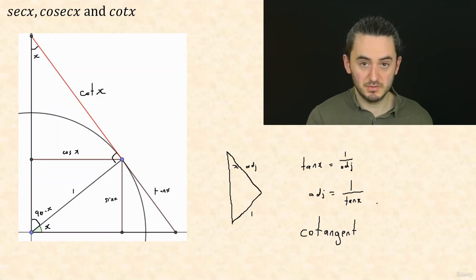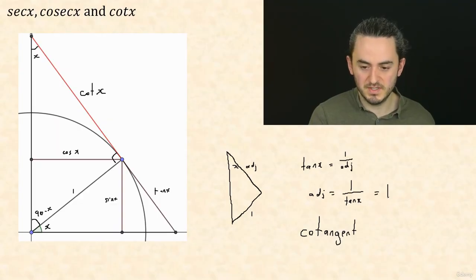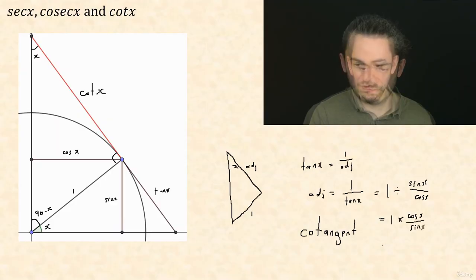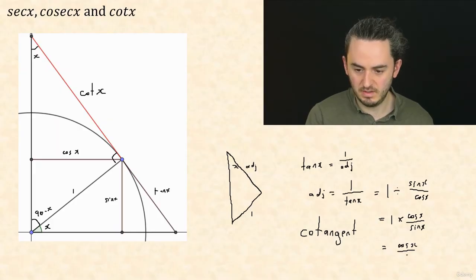Now notice that there is an alternative way we could define it. Since tan x is sine x over cos x, we could also say that this is 1 divided by sine x over cos x, which is the same as 1 times cos x over sine x. So forget about the 1, and that's just cos x over sine x.